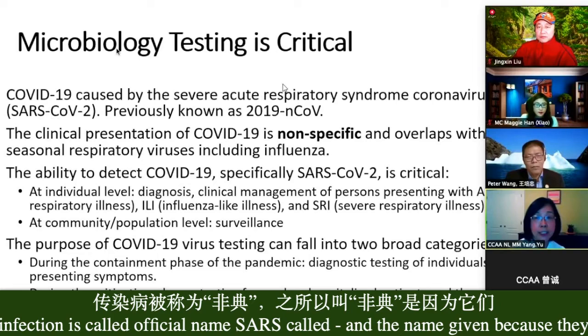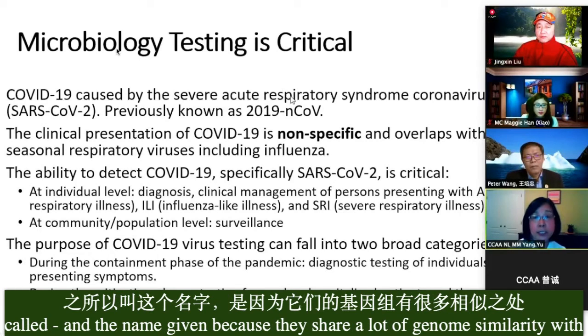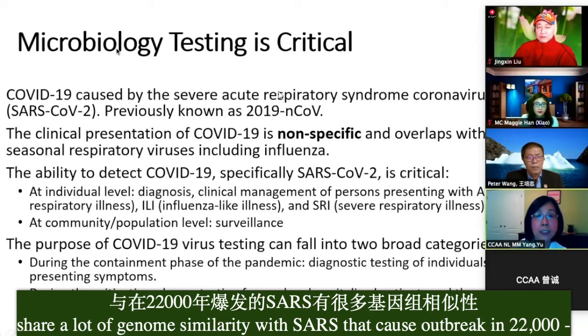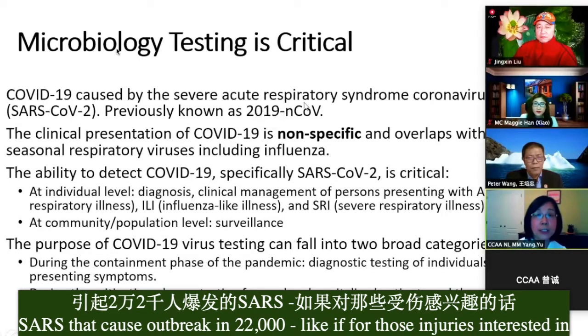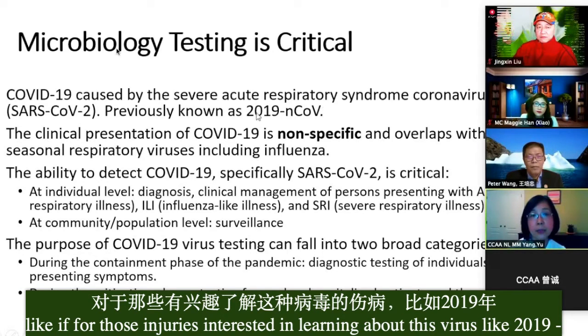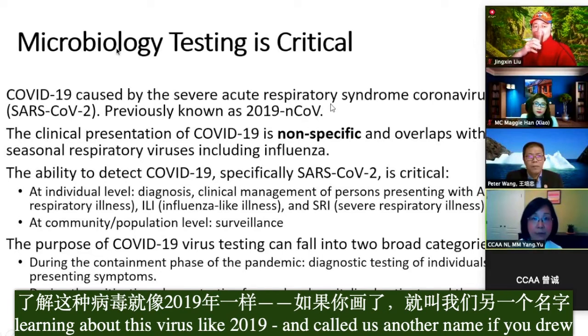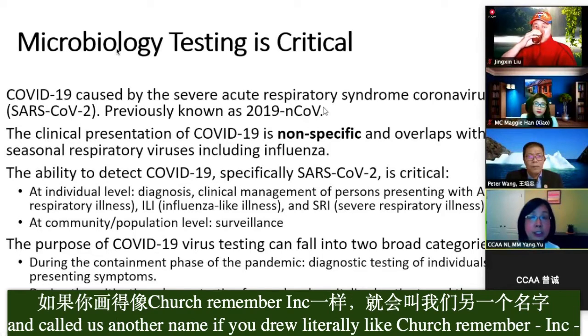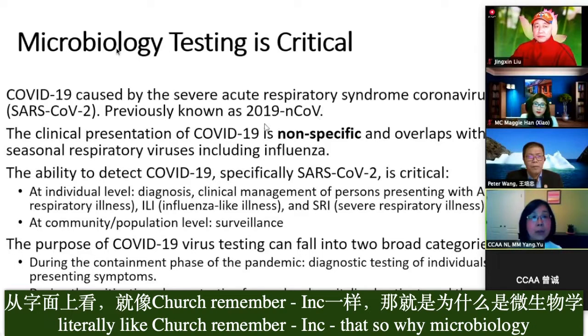The name was given because it shares a lot of genome similarity with SARS that caused the outbreak in 2002. For those interested in learning about this virus, 2019-nCoV was another name. If you do a literature search, remember to include that.